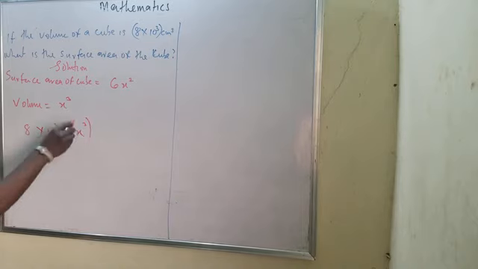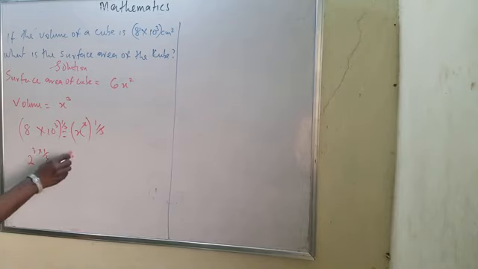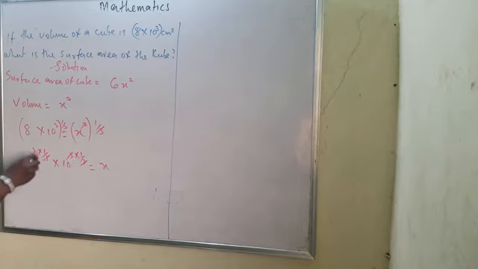Now, multiply both powers by 1 all over 3. This will cancel this. This one will be 2 raised to power 3 all over 3 multiplied by 10 raised to power 3 all over 3, which is going to be x. This will cancel, this will cancel. We have 10 times 2 equals 20, so x equals 20. Since x equals 20, what is the surface area?